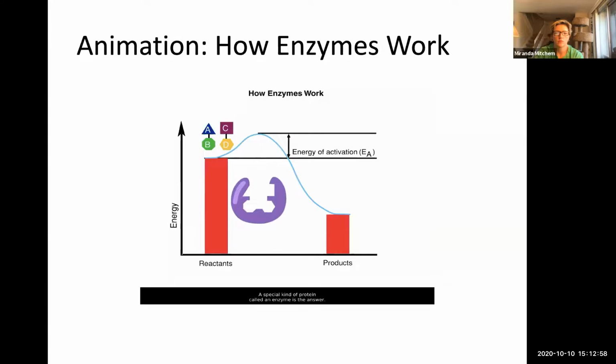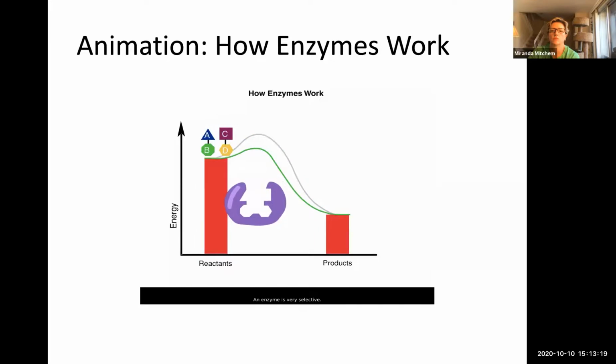A special kind of protein called an enzyme is the answer. An enzyme serves as a biological catalyst, increasing the rate of a reaction without being changed into a different molecule. An enzyme does not add energy to a reaction. Instead, it speeds up a reaction by lowering the energy barrier. An enzyme is very selective. Its three-dimensional shape allows it to act only on specific molecules referred to as the enzyme substrates.